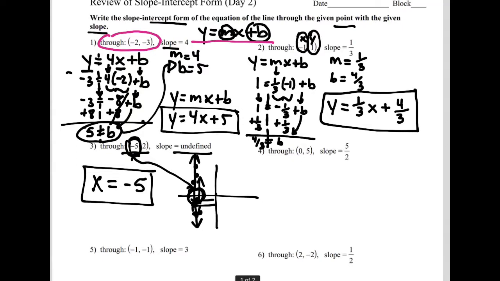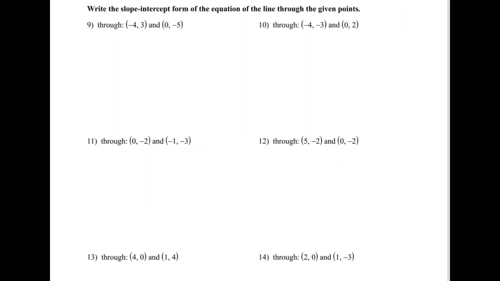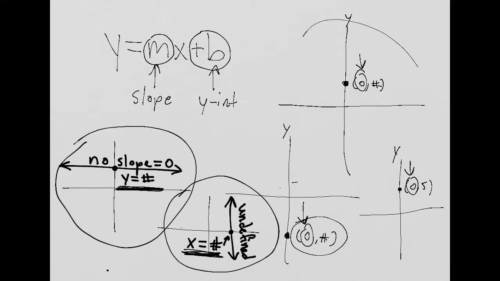So, let's go ahead and look at what we have here. We have our m equals 5/2, and we have our coordinates. So we have y equals 5/2x plus b so far, and we have an x and a y value we can use, but if you notice, this is what I was talking about right here.